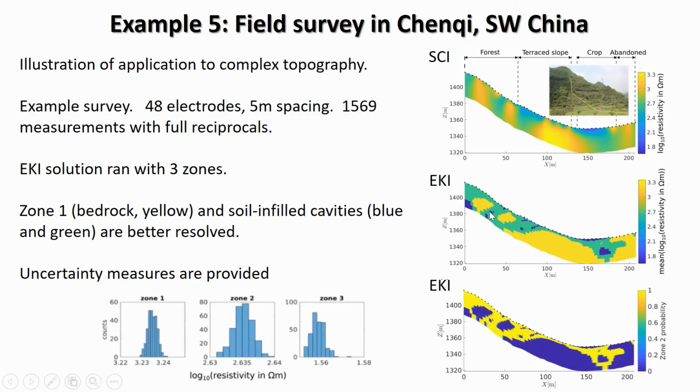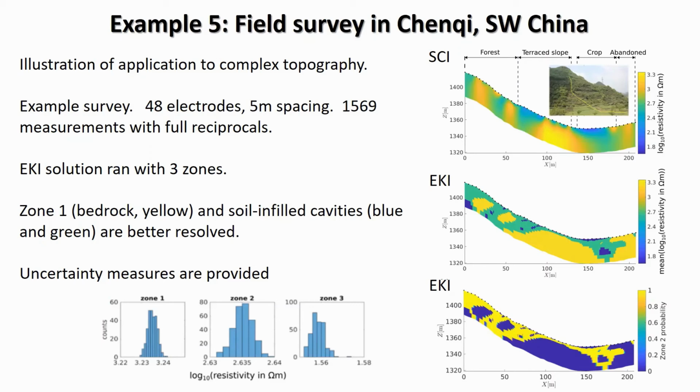So it allows us to come up with some zonation of the different geoelectrical properties of our system, and we can look at the distribution of our resistivities within each zone and see how they differ and how they may relate then to known physical properties of the study site.